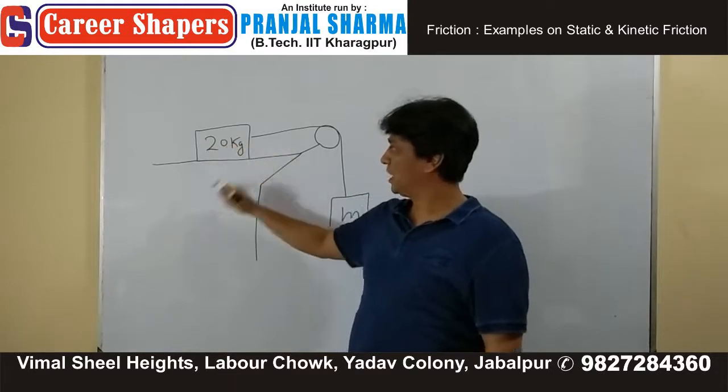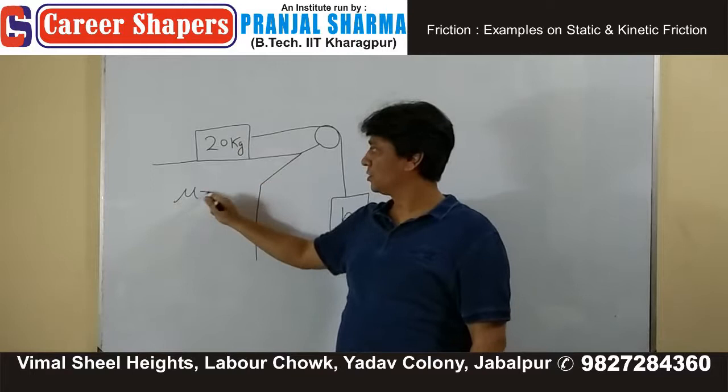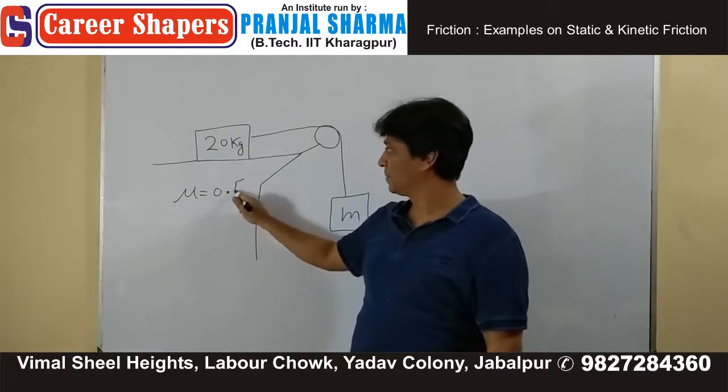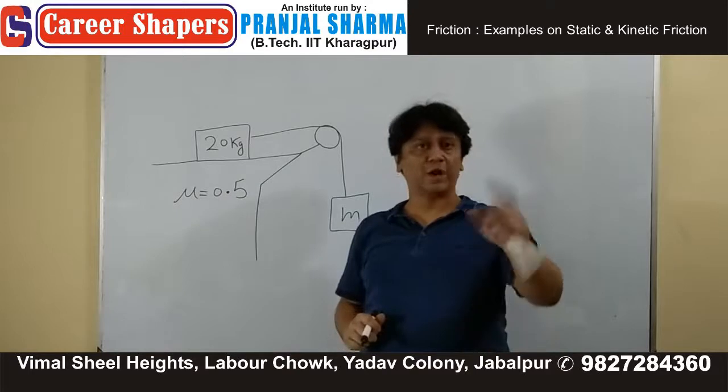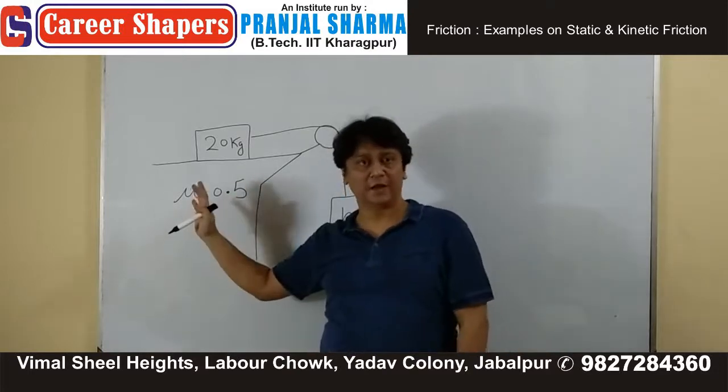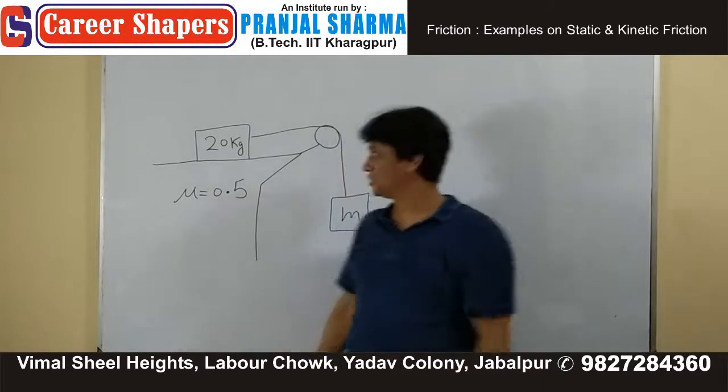We have a 20 kg block. Coefficient of friction is 0.5. I've given you only one. So this is static and this is also kinetic. अब अपने को अलग अलग लेने की जरूरत नहीं है.